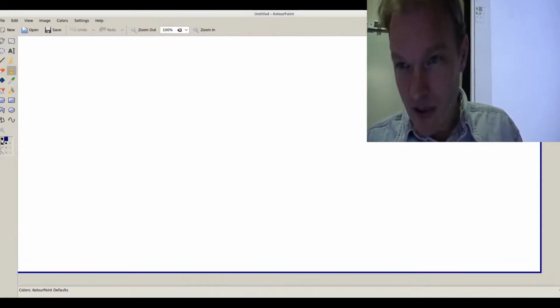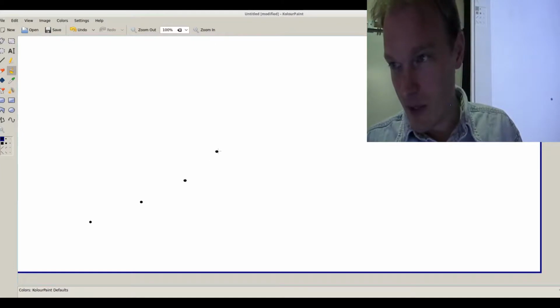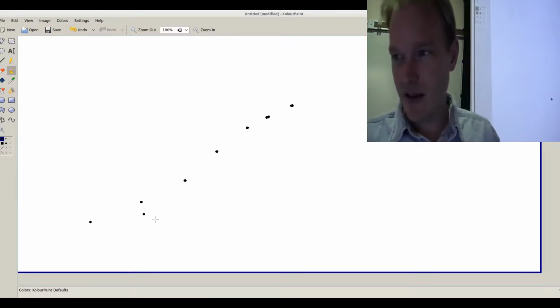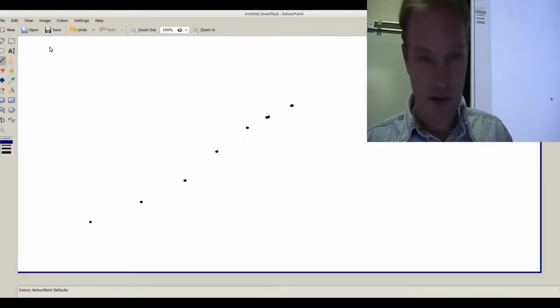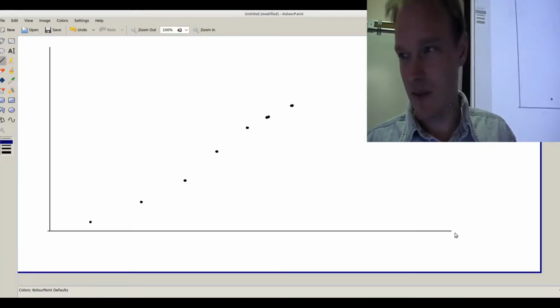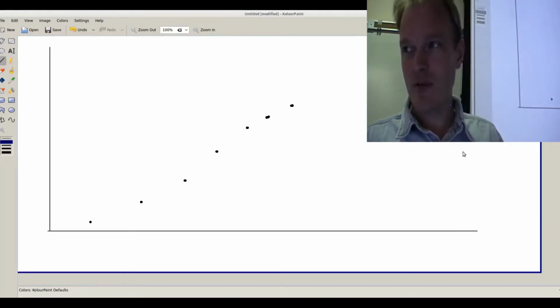Let's suppose our data goes like this. Bink, bink, bink, bink, bink, bink, bink. And I want to know what happens. I'll add some axes so you feel like this is a plot. What happens over in this region?